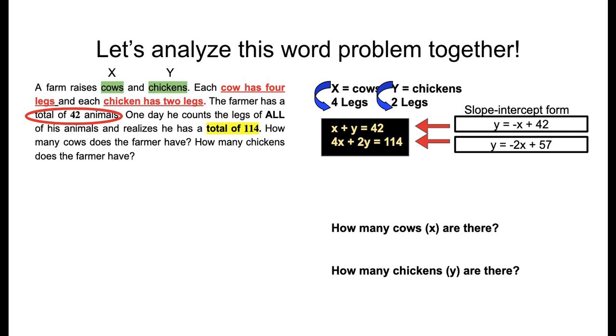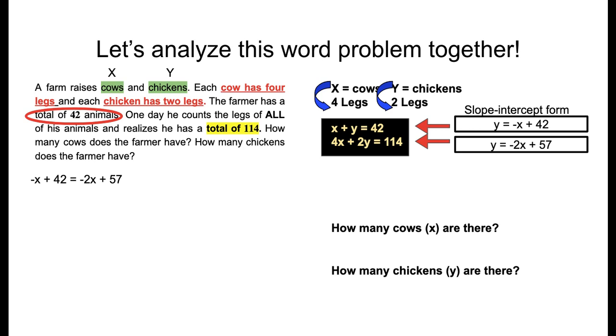And then, as our solutions sheet states, we are going to make them both equal to each other. So negative x plus 42 equals negative 2x plus 57.